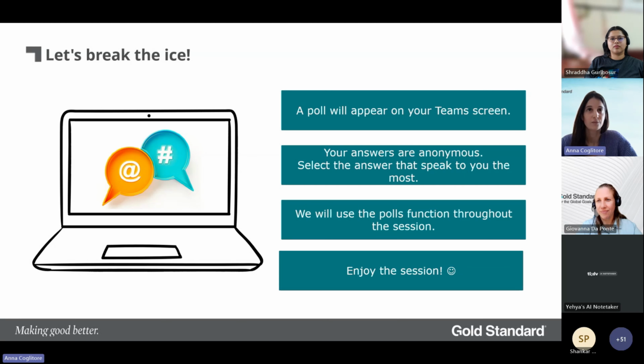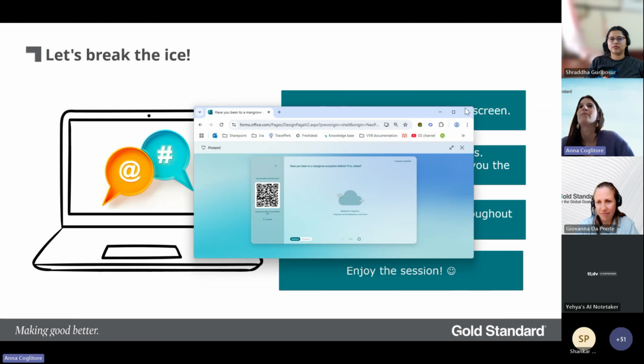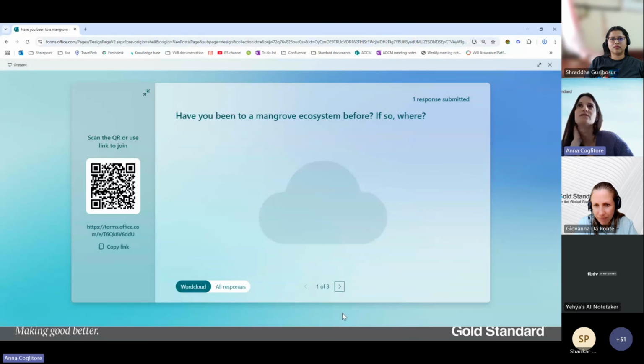Okay. Yes. So the first question is, have you been to a mangrove ecosystem before? Very easy question. I'm going to share here the results and submissions. So we have someone in India, and then we have somebody who has not been, me neither. For the ones who have been, if you have any recommendation, let me know. In Vietnam, okay, nice.